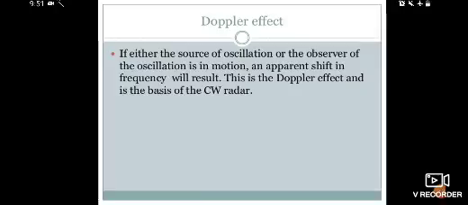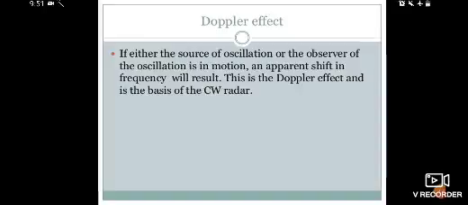When the target is moving, the frequency at the observer changes. This apparent shift, the difference in frequencies, is called the Doppler frequency, and this process is called the Doppler effect.